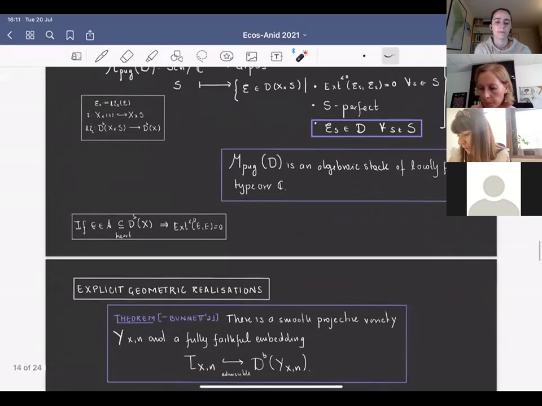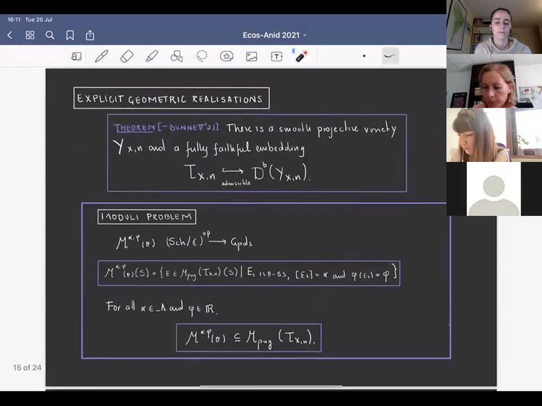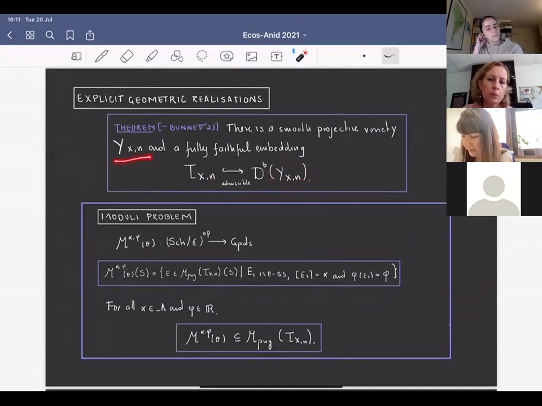So the first step that we did was to construct geometric realizations. To construct geometric realizations means that we found explicitly a smooth projective variety Y_{X,N} and a fully faithful embedding of the category of holomorphic chains inside D^b(Y_{X,N}). Orlov did it for quivers. He constructed a geometric realization for the bounded derived category of, let's say, A_N quivers, and it is more general.